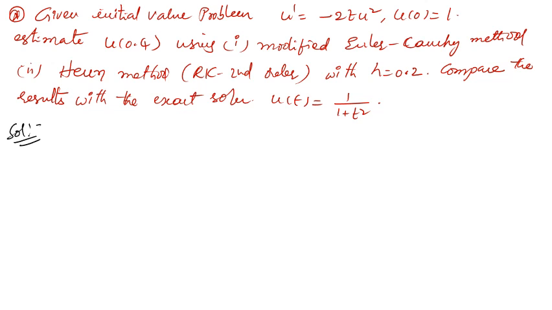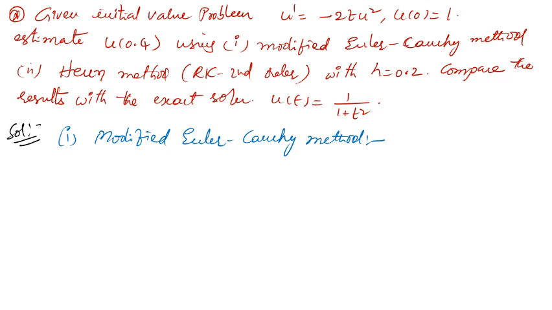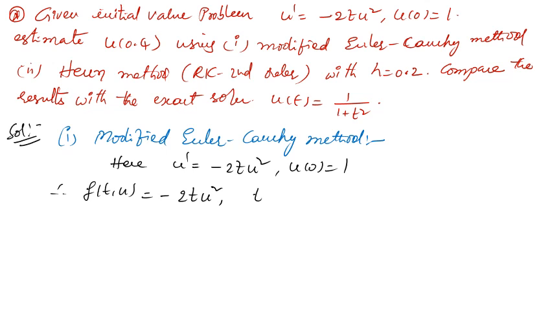First case, the modified Euler Cauchy method. Here u' = -2t u² with u(0) = 1. Therefore, f(t, u) is -2t u², t0 value is 0, and u0 value is 1. This is u(0) = u0.